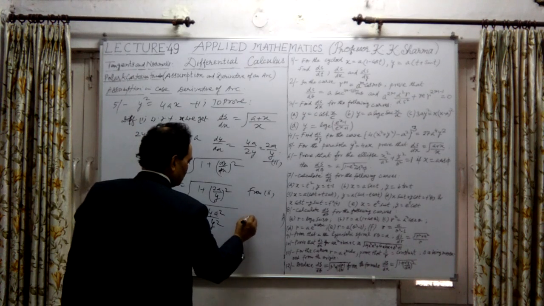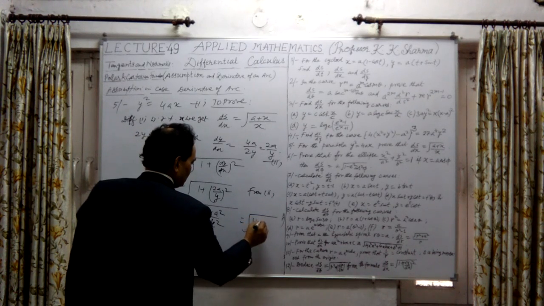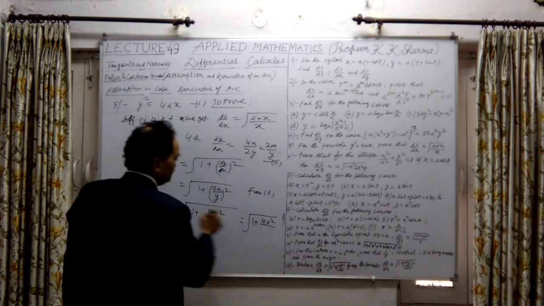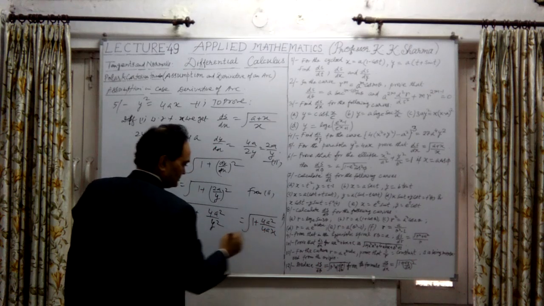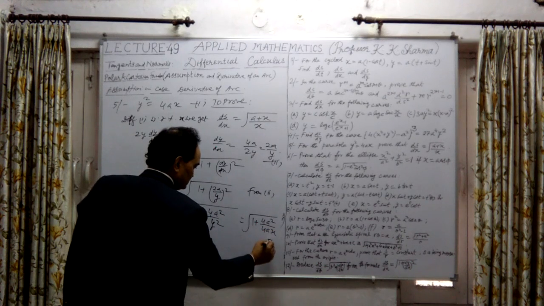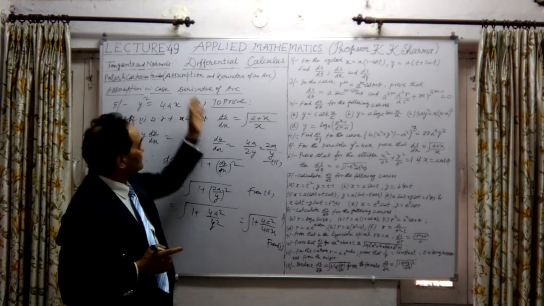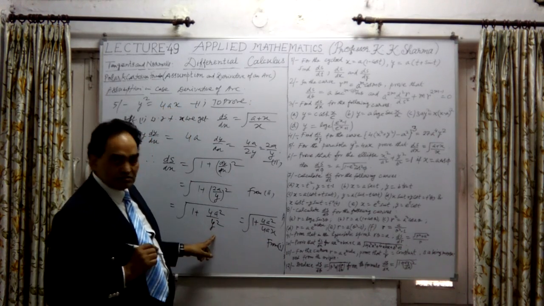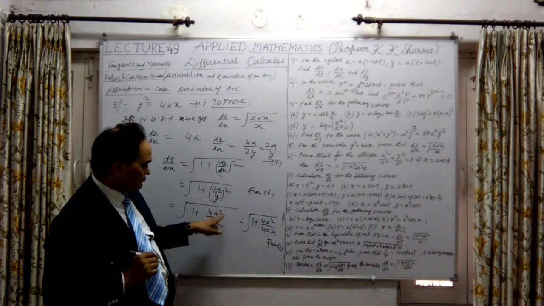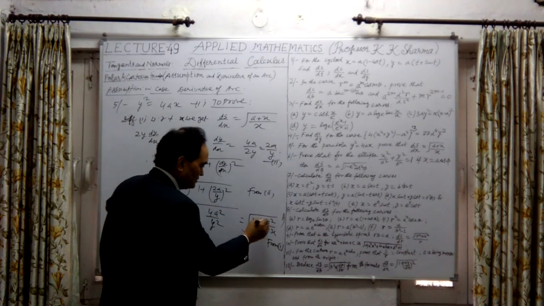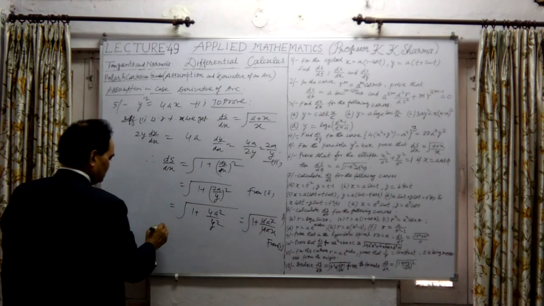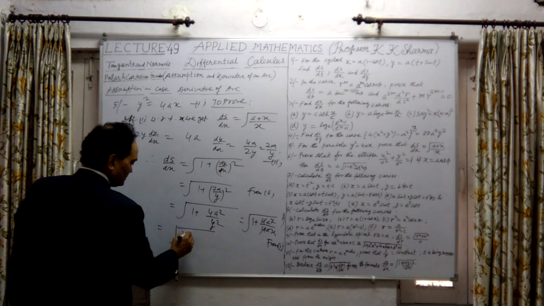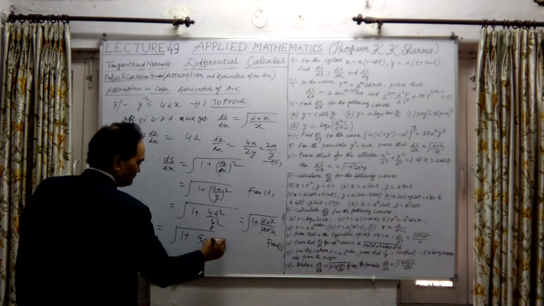So 4a square upon 4ax: the 4 cancels out, one a cancels out. So a upon x, that means under root 1 plus a upon x is left over.